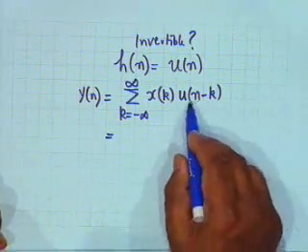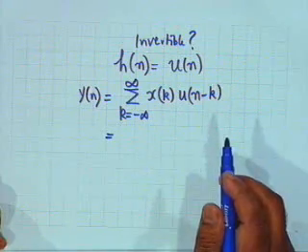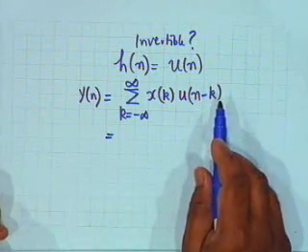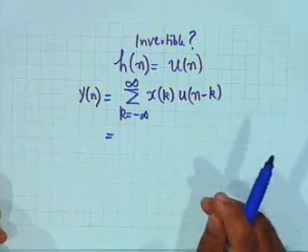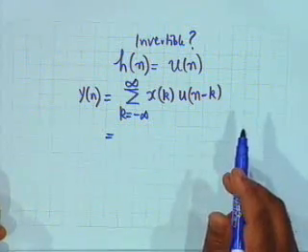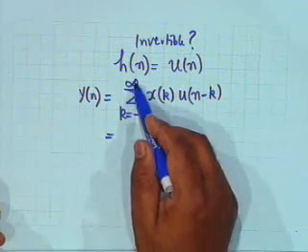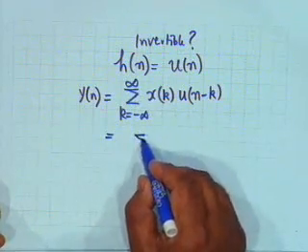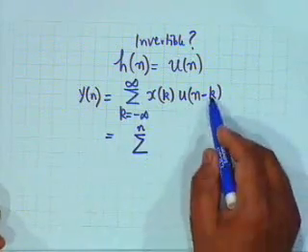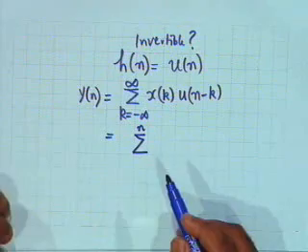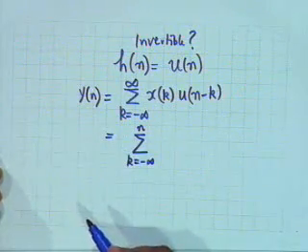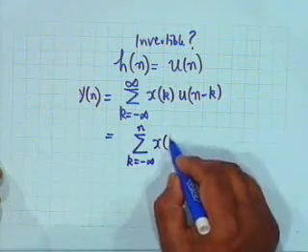Now u of n minus k is unity when its argument is greater than 0, that is n minus k greater than 0, which means that k is less than n. So the upper limit infinity should now be modified to small n, because beyond n, if k is greater than n, then the function is 0, and this is what we get, x of k.